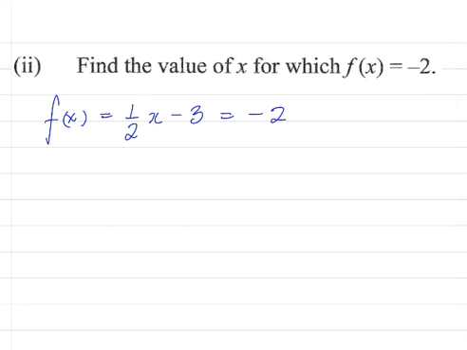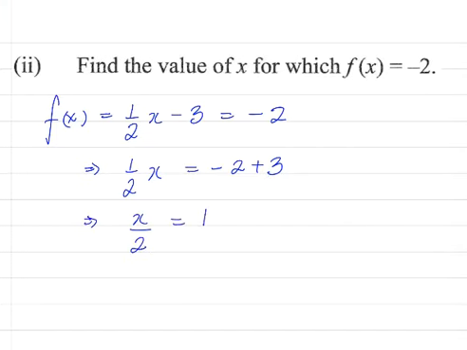Therefore 1/2 x would be equal to minus 2 plus 3. Negative 3 goes over and becomes positive. So x over 2 would be equal to 1.